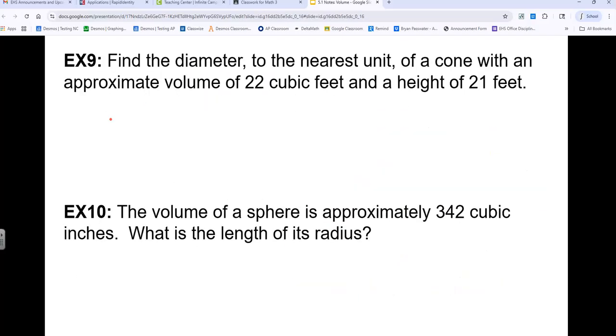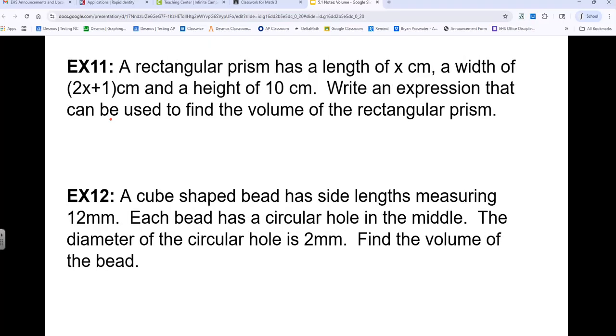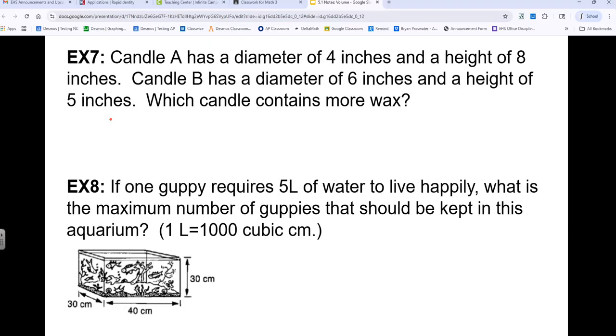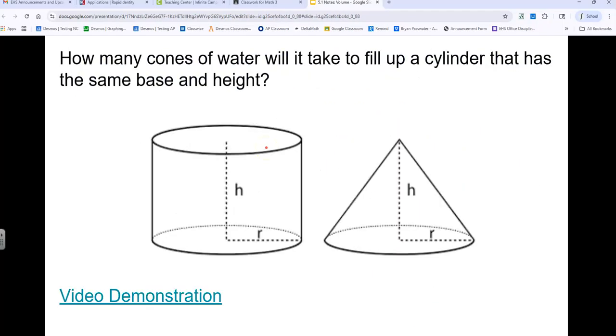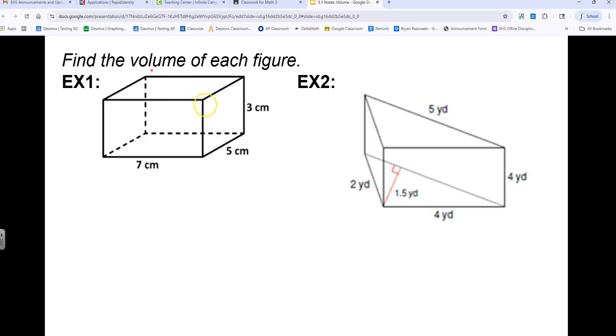All right. You have got some word problems next, and I want you guys to try to answer. What you're going to see in this class, just a straight, here is a box, find the volume for me, is not a Math 3 problem. Example 1 is not a Math 3 problem.